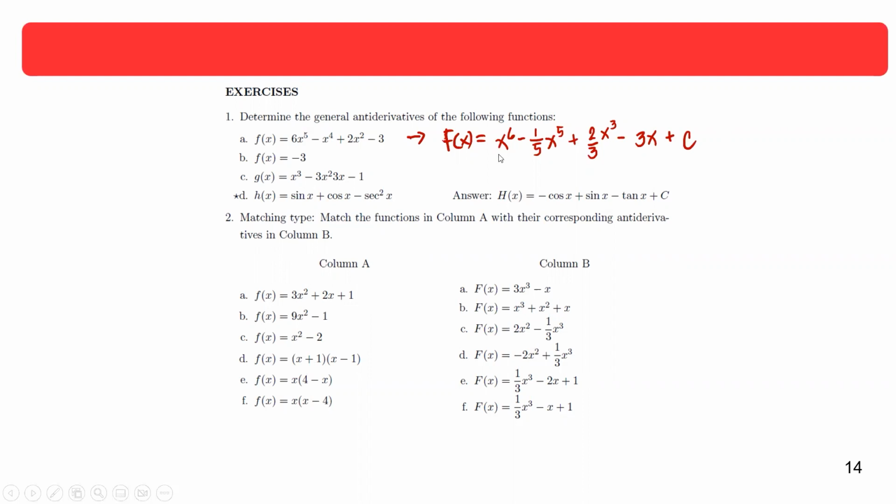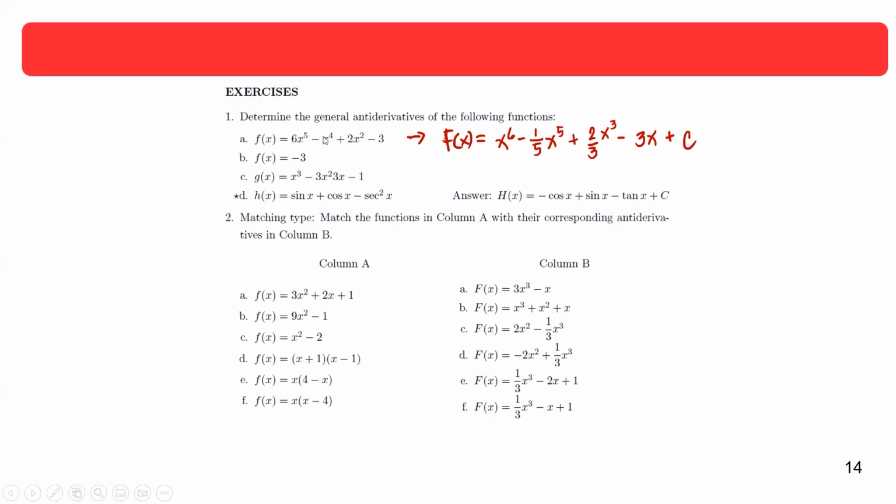So guys, look at this. It's harder to get the antiderivative as opposed to getting the derivatives. So in here, let's look back. X to the 6, the derivative of this is 6x to the 5. Some of you might ask, why is there a 1/5 here? Because look, the derivative of x to the 5 is 5x to the 4, right?